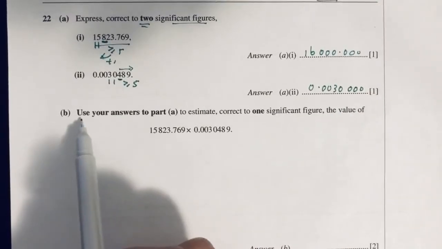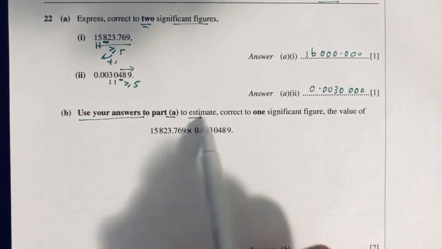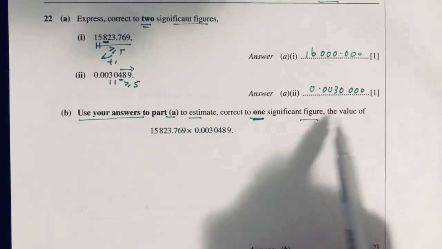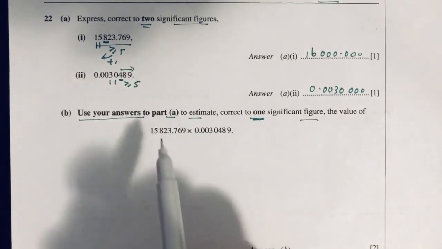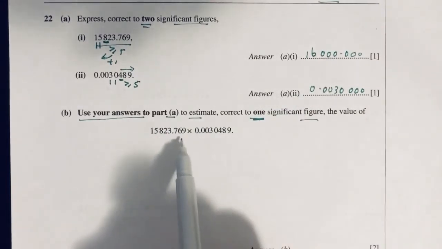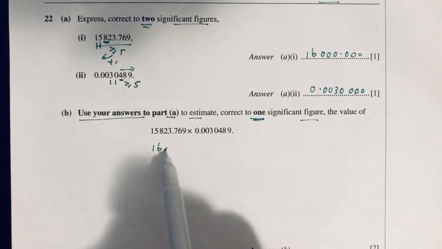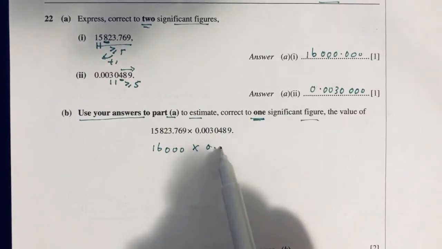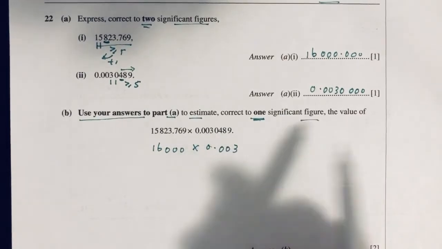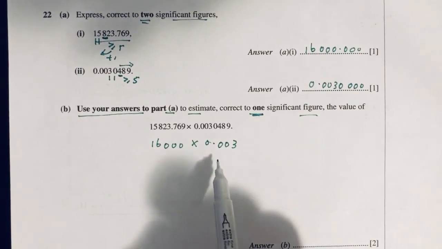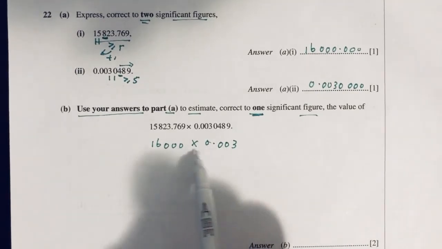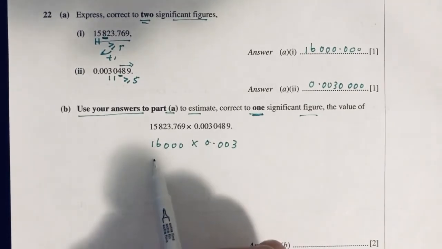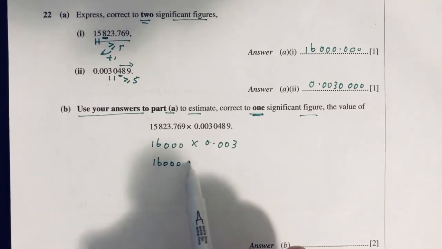Part B, use your answer to part A to estimate correct to 1 SF this question. So as you can see here, this came down to 16000 times 0.003. So we can write this down as a fraction. We can eliminate some zeros from the first one.